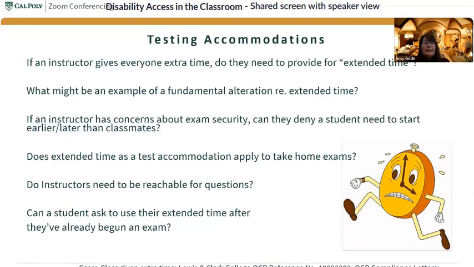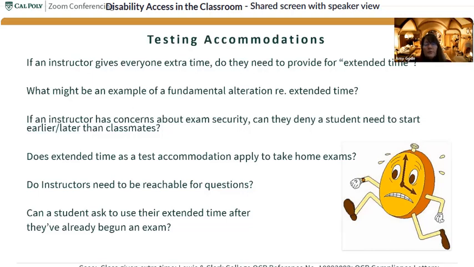So rarely do we find that there is a substantial fundamental alteration to the course expectations. But we're happy to meet with you and your department head to review that, because it's possible that there might be one. So we definitely want to respect that.